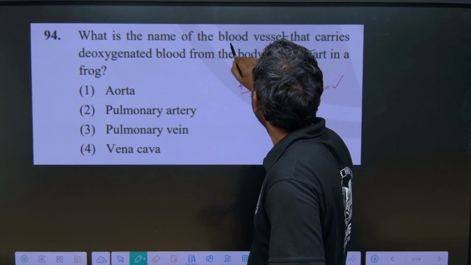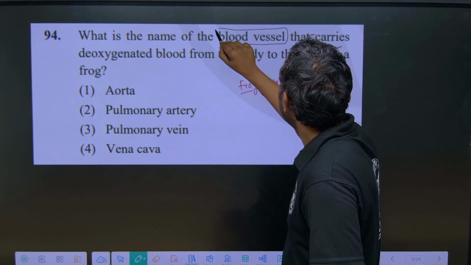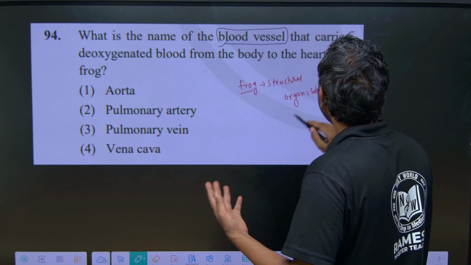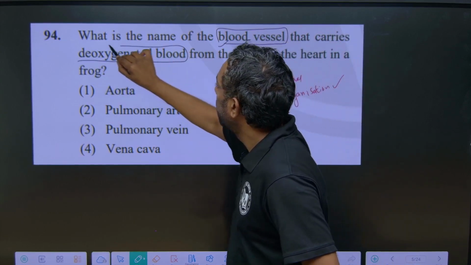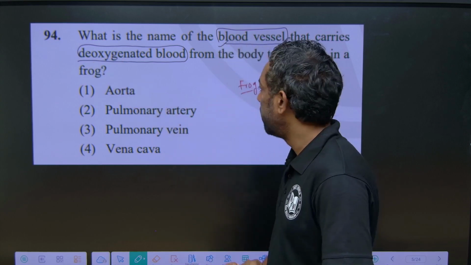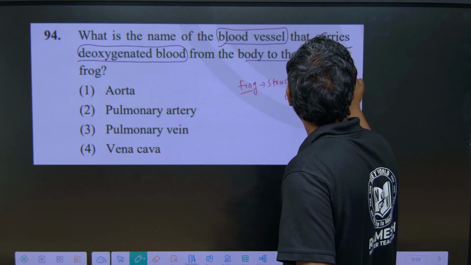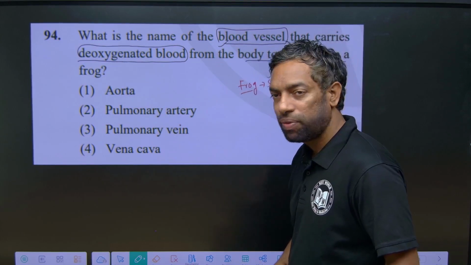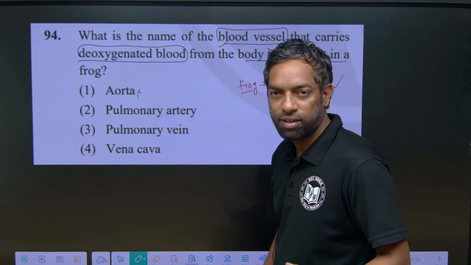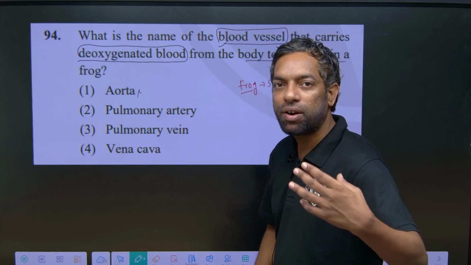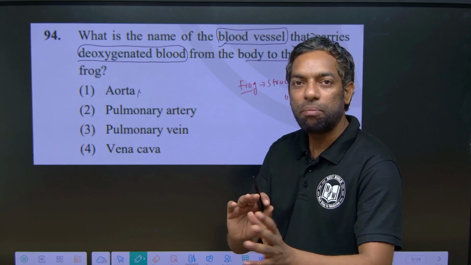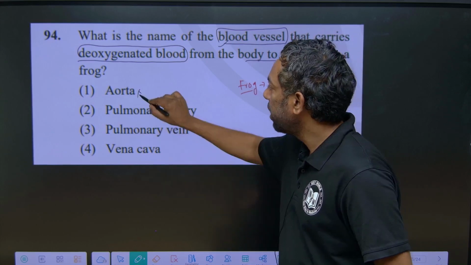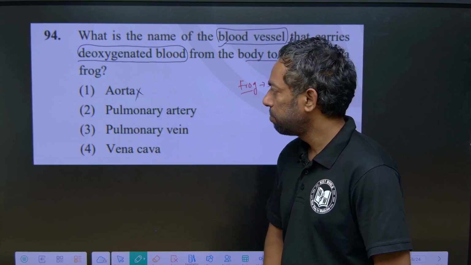What is the name of the blood vessel that carries deoxygenated blood from the body parts to the heart? Obviously veins. Aorta is completely wrong. From the body parts to the heart, the veins carry the blood. Completely eliminate this.